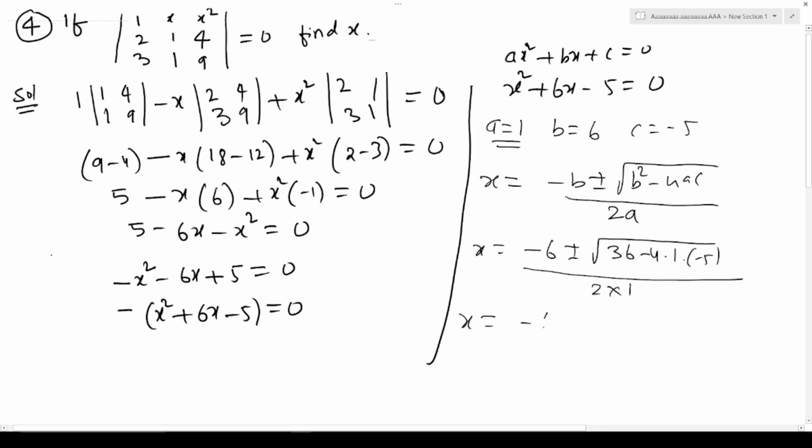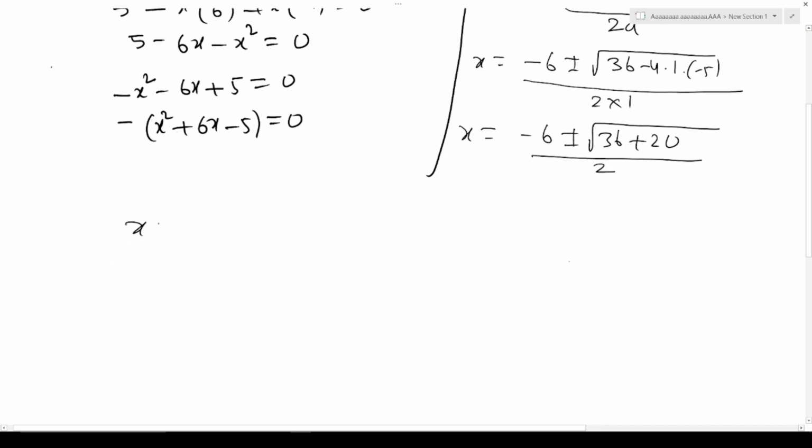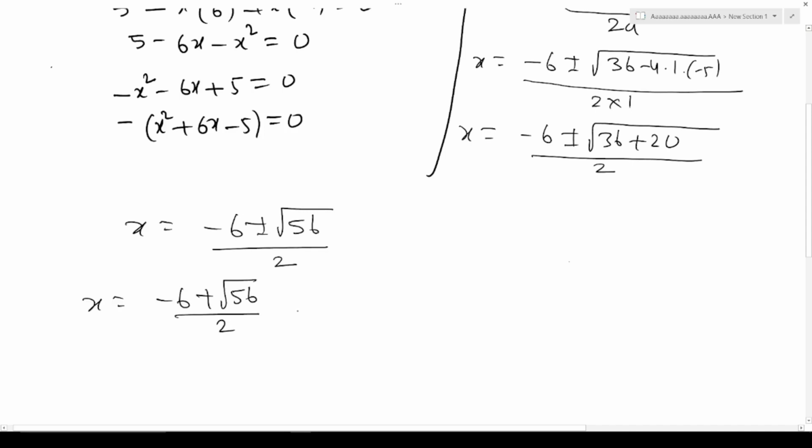So x equals minus 6 plus or minus under root of 36 plus 20, upon 2. Therefore x equals minus 6 plus or minus root 56 upon 2. Thus x equals minus 6 plus root 56 upon 2, or x equals minus 6 minus root 56 upon 2. Hence the solution.